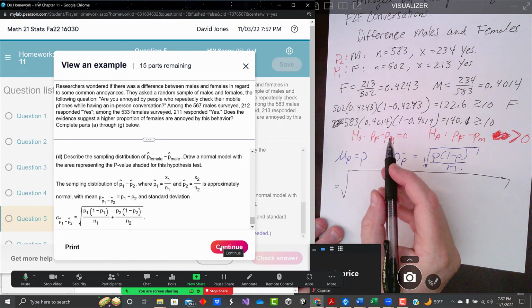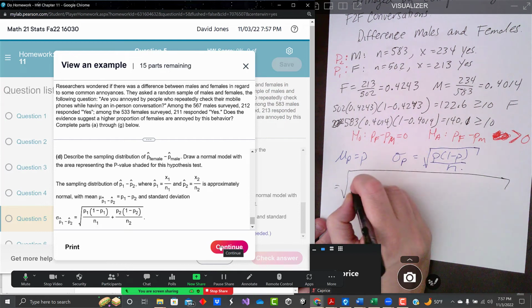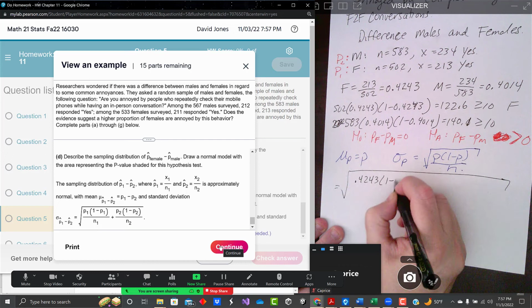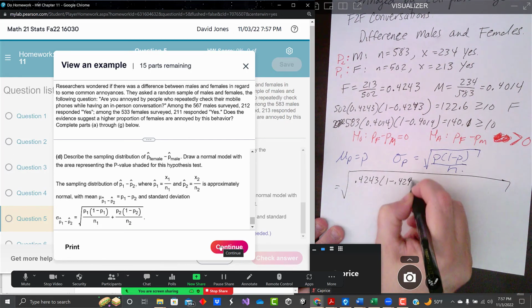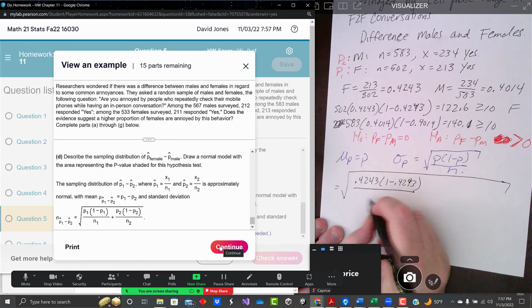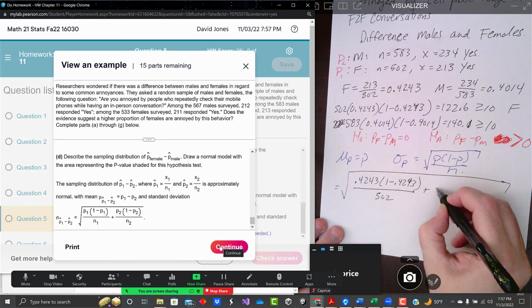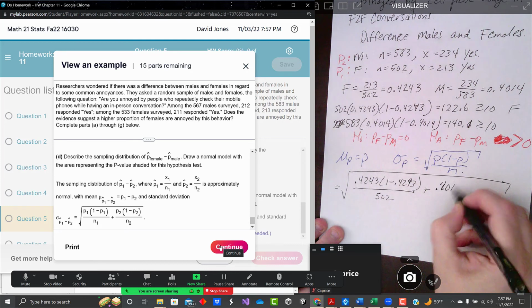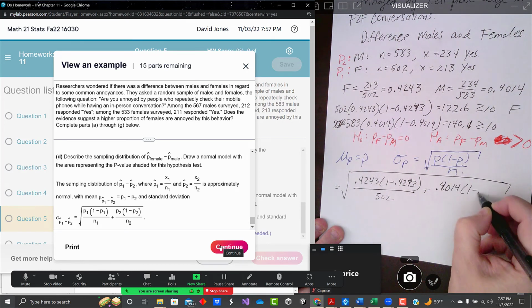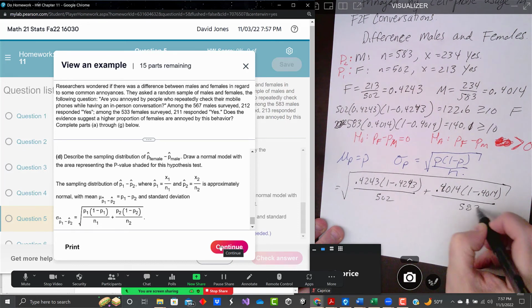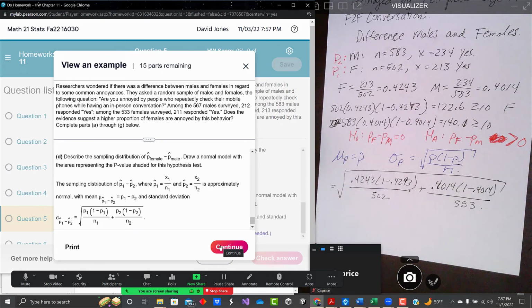They want you to do p1 was for females, and that was 0.4243. And then we do the males. And then we take the square root afterwards. So this is a tedious thing.